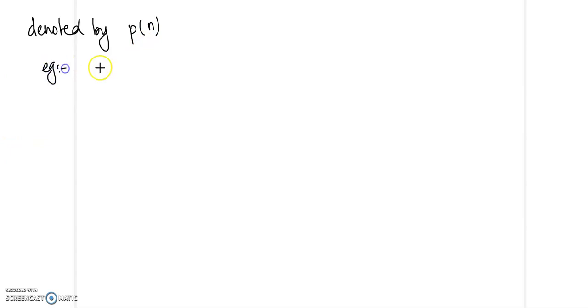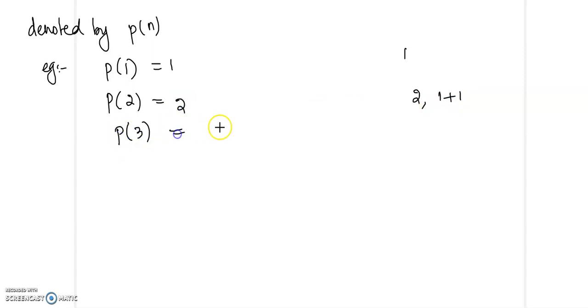So for example, p of 1 can be represented in only one way. So p of 1 is 1. For p of 2, we have 2, then 1 plus 1. So that will be equal to 2. P of 3 we have seen, that will be equal to 3. P of 4, okay, representation 4.